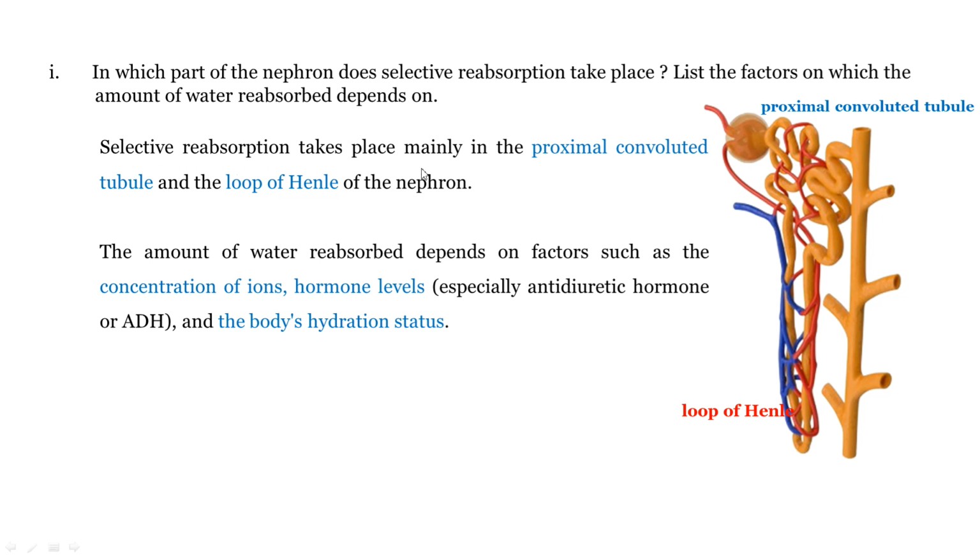Selective reabsorption takes place mainly in the proximal convoluted tubule, the very first part of the renal tubule near the Bowman's capsule, and the loop of Henle of the nephron. The amount of water reabsorbed depends on factors such as concentration of ions, hormone levels, especially ADH, that is antidiuretic hormone, and the body's hydration status.